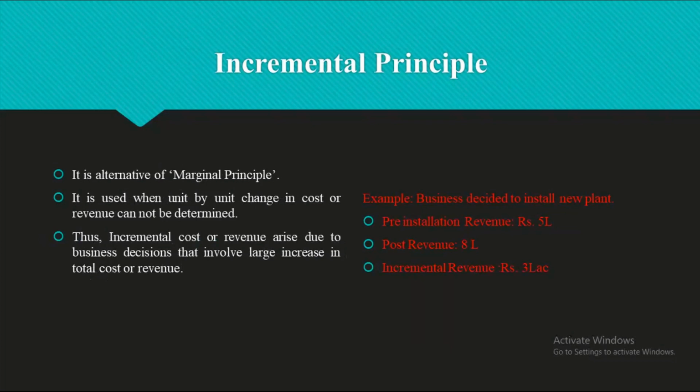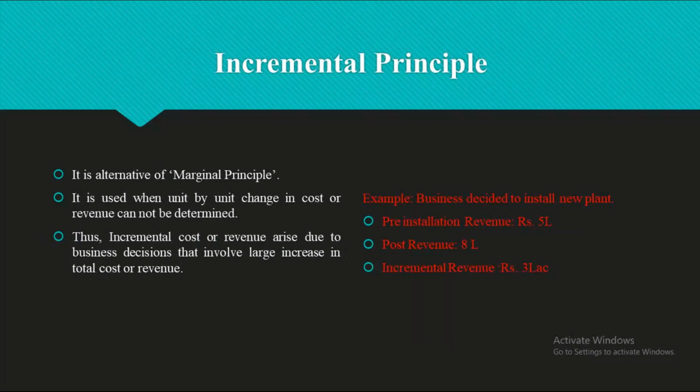Okay, if you are increasing your production level from 1 to 2, you were able to find out how much there will be a change in marginal cost or marginal revenue, because total cost at each and every level was available. That is why we were able to find out the change at every unit, from 1 to 2, 2 to 3, 3 to 4.